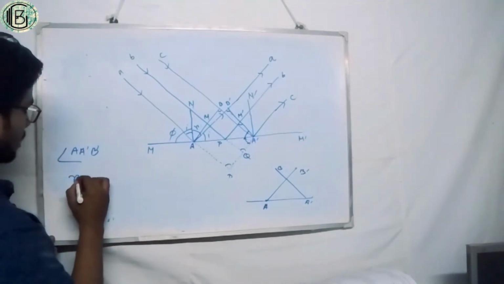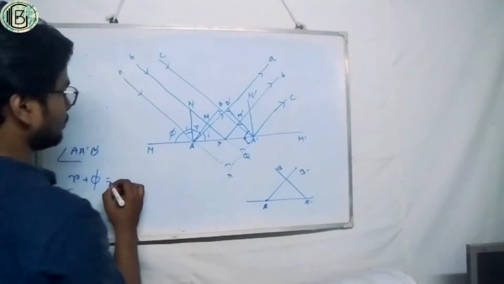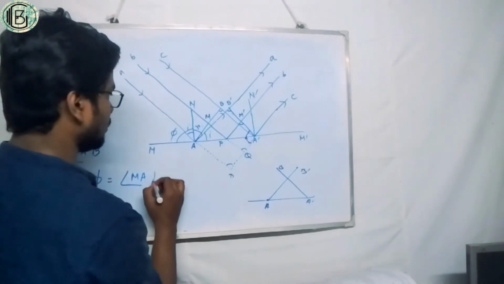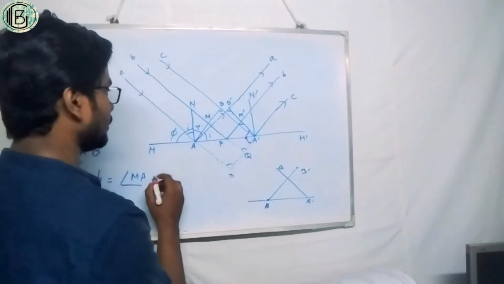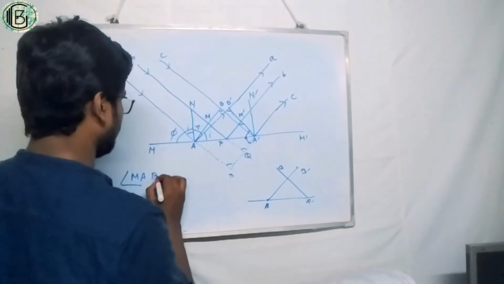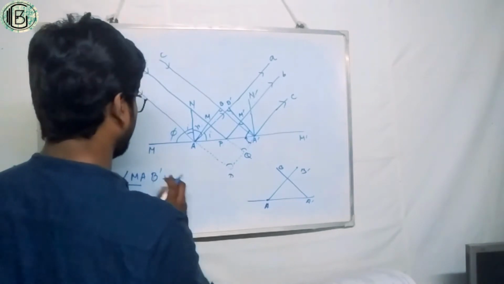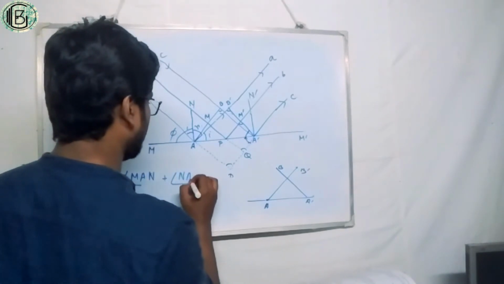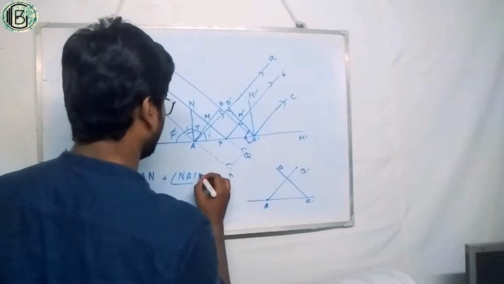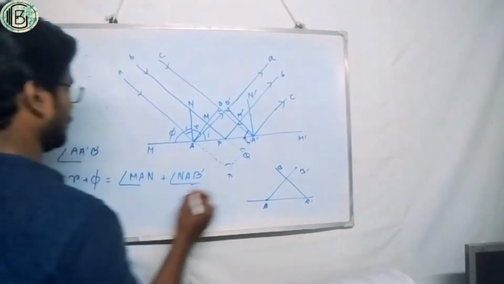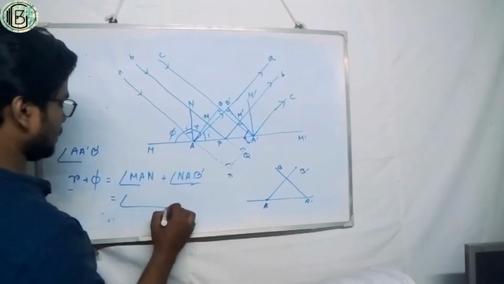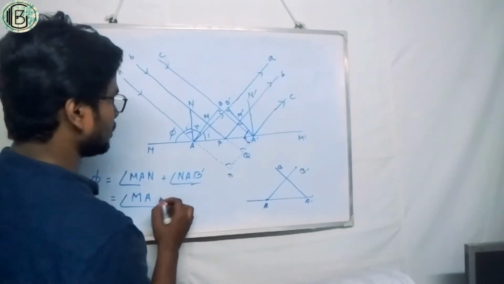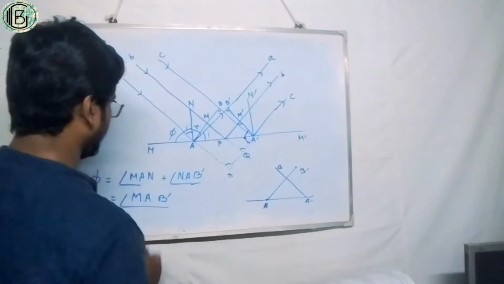So R plus phi equal to MAB prime plus MAN plus NAB prime, and this is equal to MAB prime.